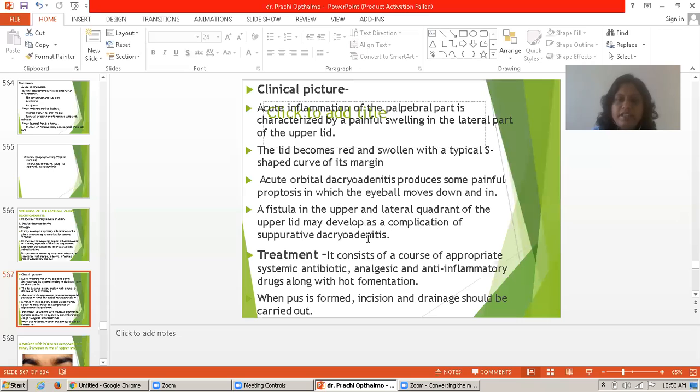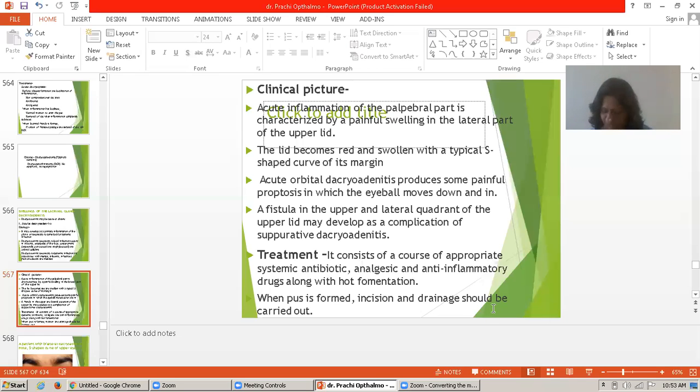So treatment consists of a course of appropriate systemic antibiotics, analgesics, and anti-inflammatory drugs along with hot fomentation. And when pus forms, then incision and drainage should be carried out.